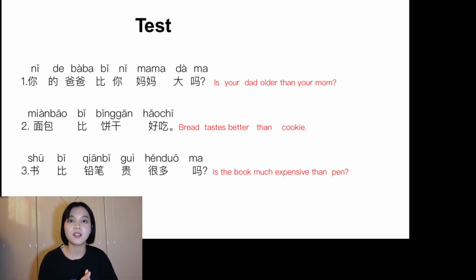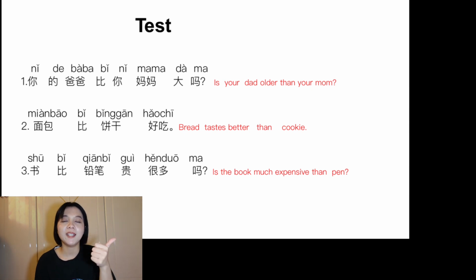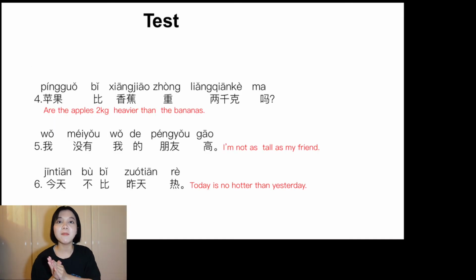Is the book much more expensive than the pen? 书比铅笔贵很多吗? Sentence 4. Are the apples 2 kilos heavier than the bananas? 苹果比香蕉重2000克吗? 重 means heavy. 2000克 is 2 kilos.